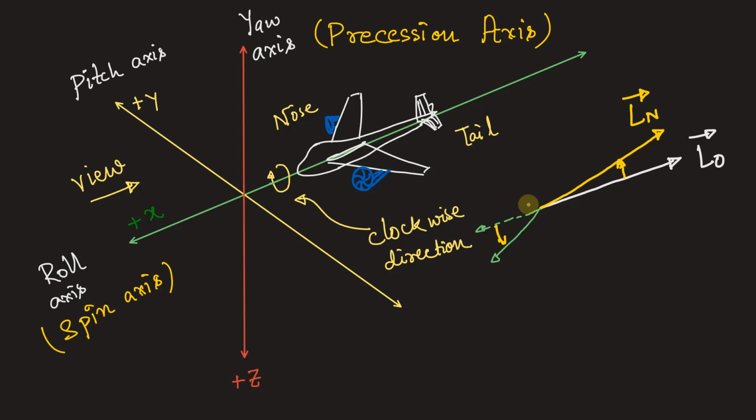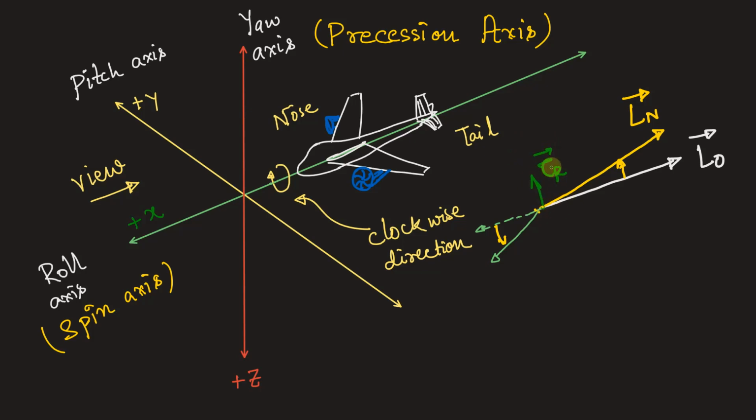Now since there is no external torque present, the change in angular momentum should be 0, from the conservation of angular momentum. In order to adjust to this new angular momentum, the plane will apply a torque to the right.